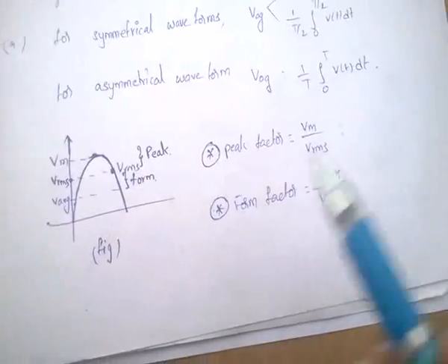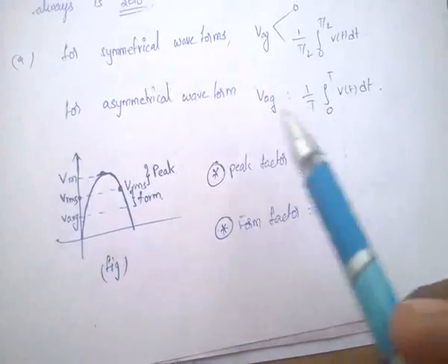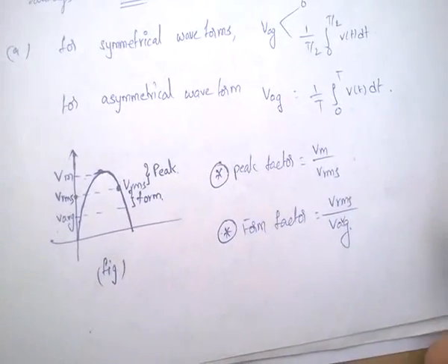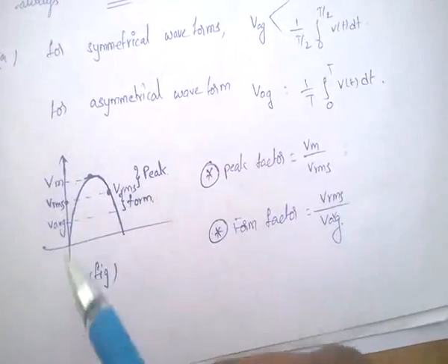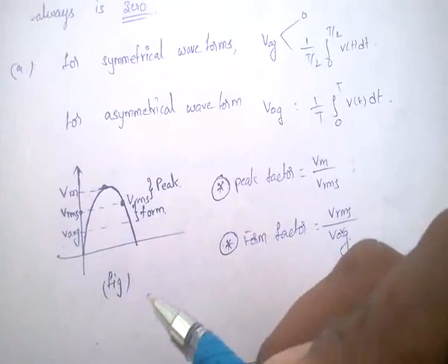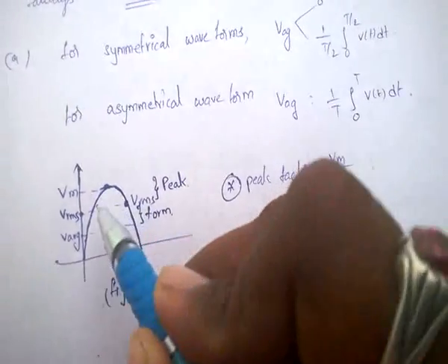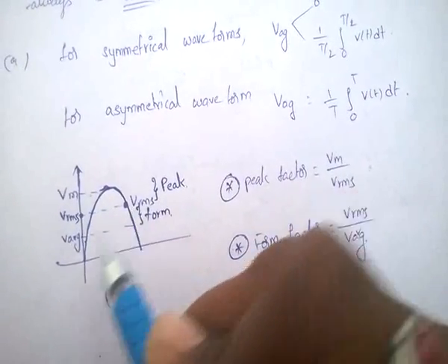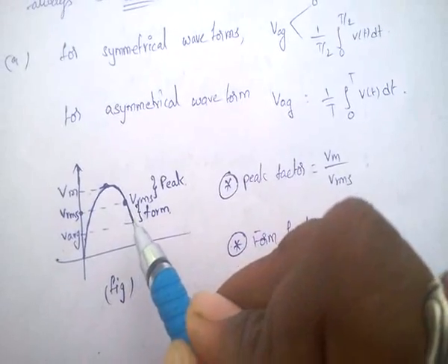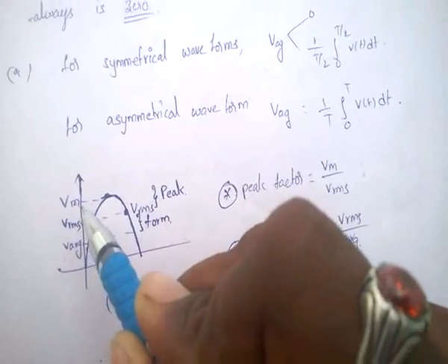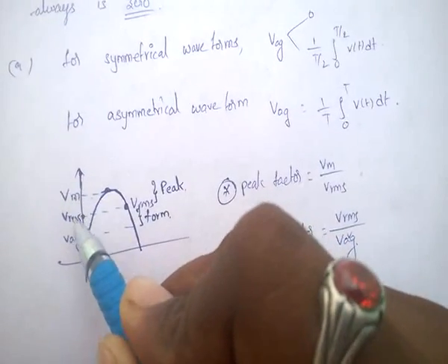Next one is a very important topic for all competitive exams. Here the waveform. Here peak factor. What is peak factor? What is form factor? It is very simple. Here Vm is the peak value, Vrms is the RMS value, V average is the average value. Peak factor means it is associated with the peak value, so peak factor equal to Vm by Vrms.